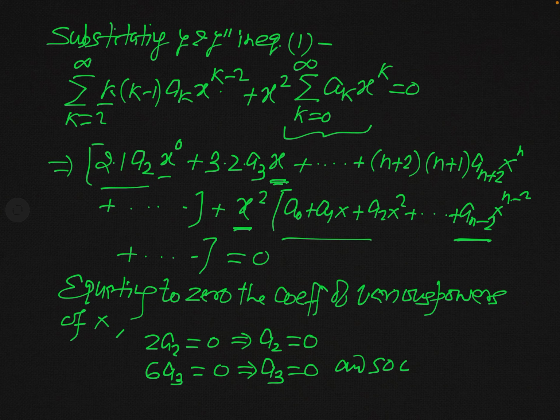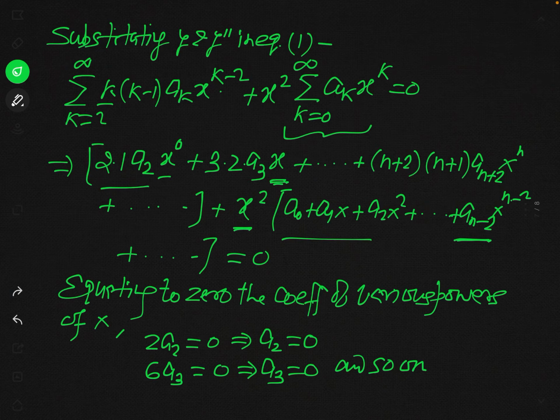In this manner you can get the values of the other coefficients. But we actually first of all find the recurrence relation for the nth term, and then from that recurrence relation we are able to find the various coefficients.